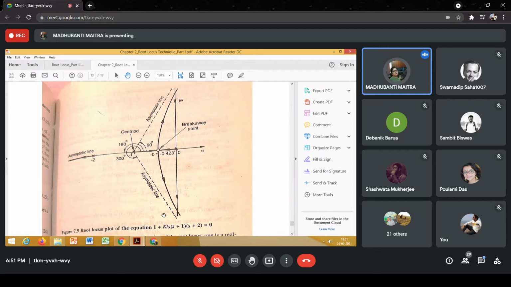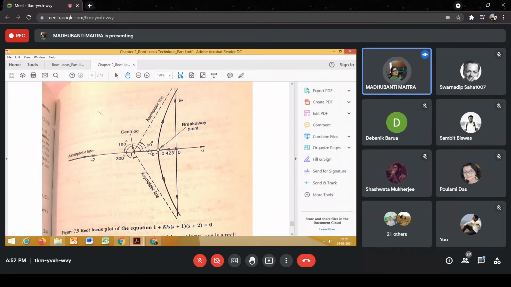Intuitively, we can sketch the root locus without knowing the exact location of the breakaway point, but it's clear that this is one on-locus segment, and this is the third on-locus segment. Already we have discussed this locus, right? One root branch will originate from this open loop pole, the second from this open loop pole, this one will move along this direction, and this one along this direction.